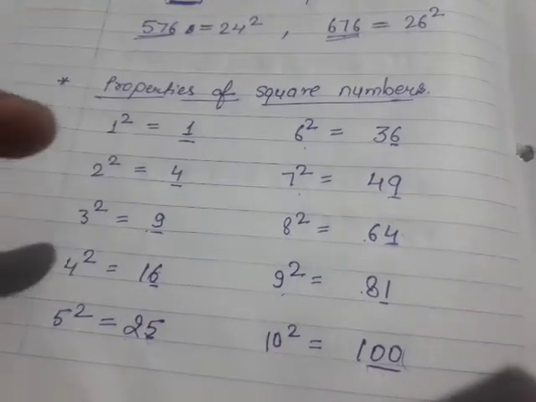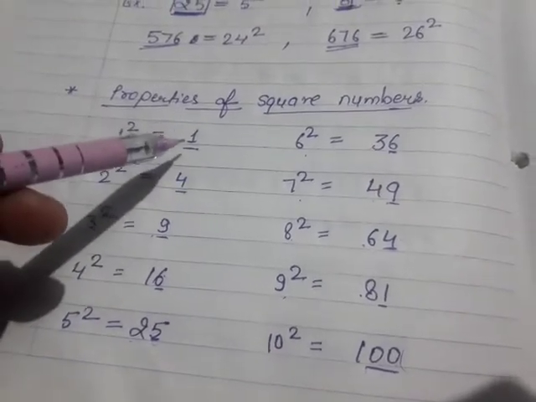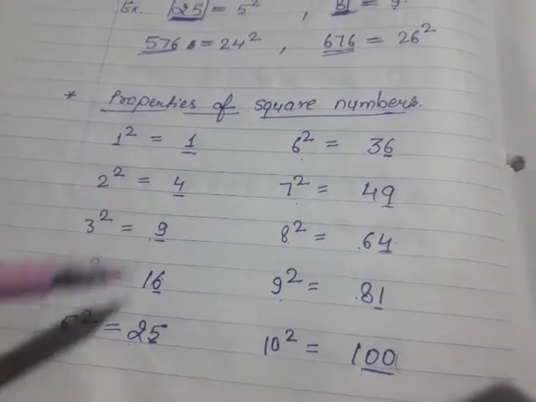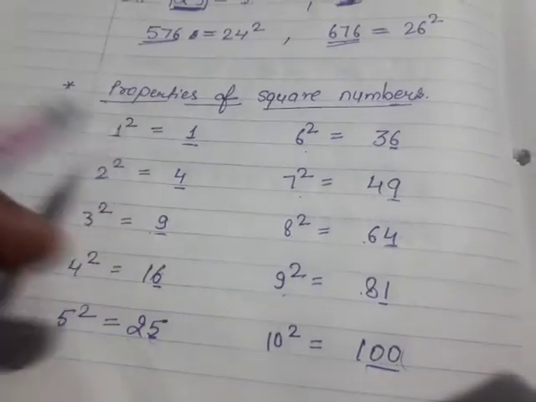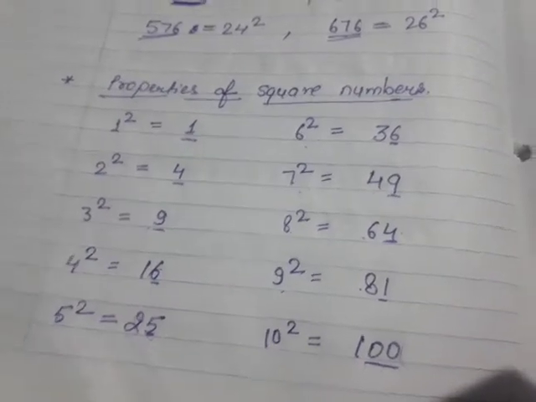So if a number's last digits are 1, 4, 5, 6, 9, or zeros in pair, it may be a perfect square number.